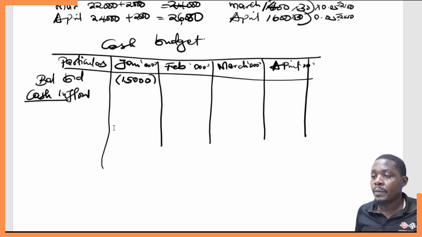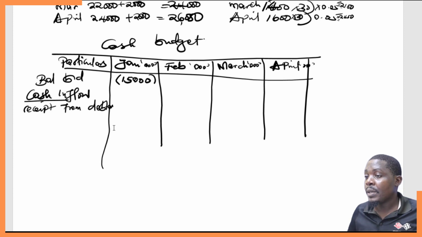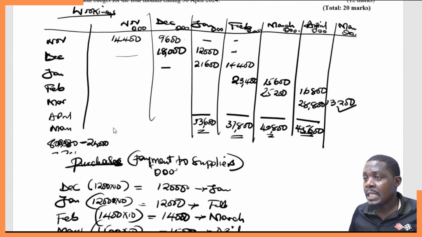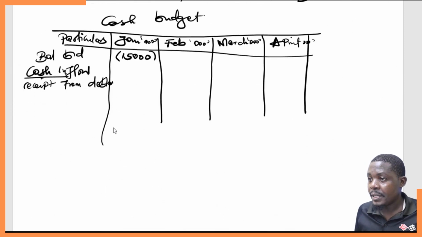We have cash inflow. We have a receipt. Receipt from who? From debtors. We computed what we are getting from the debtors. January we had 33,600.